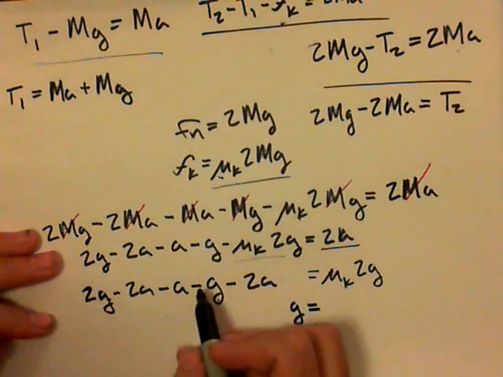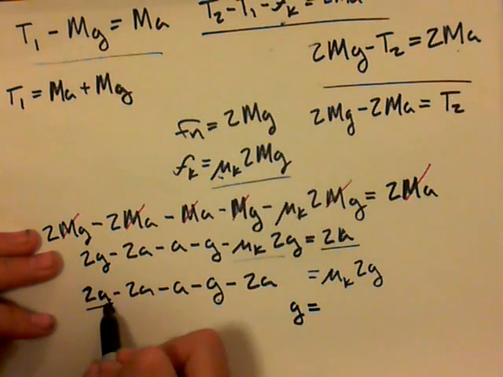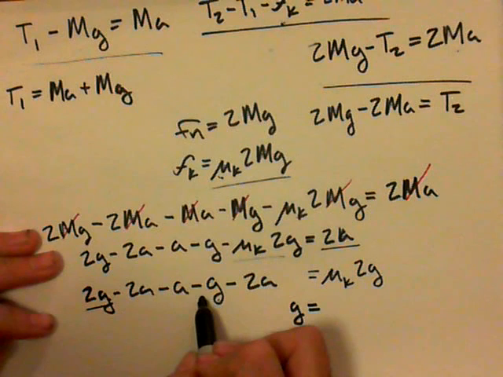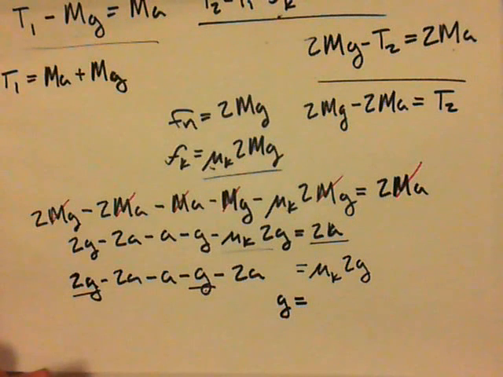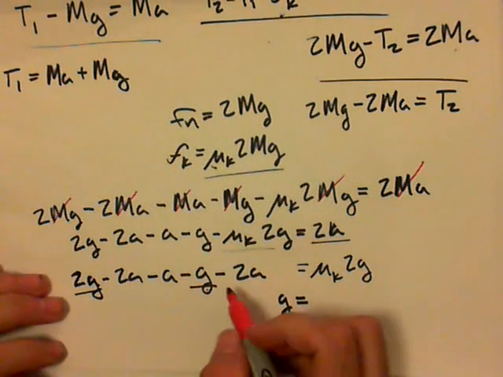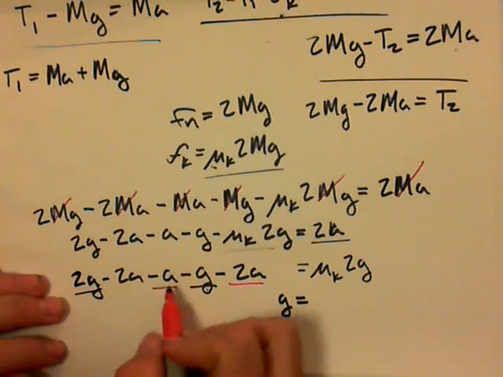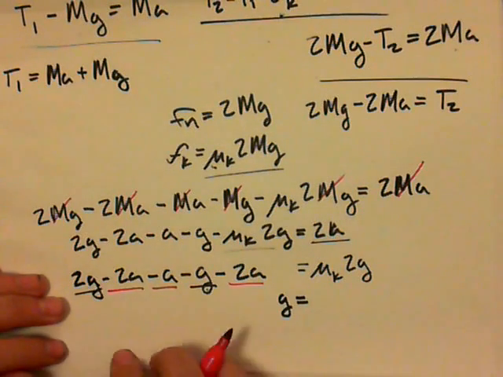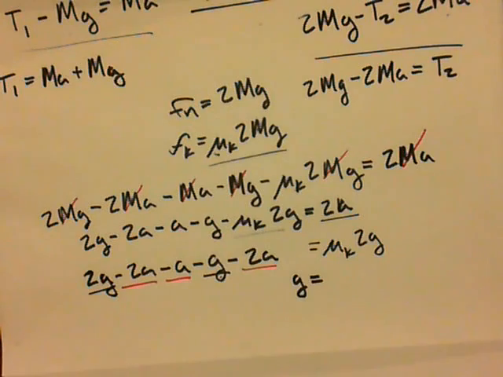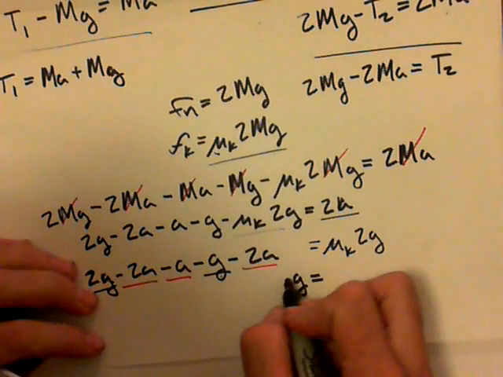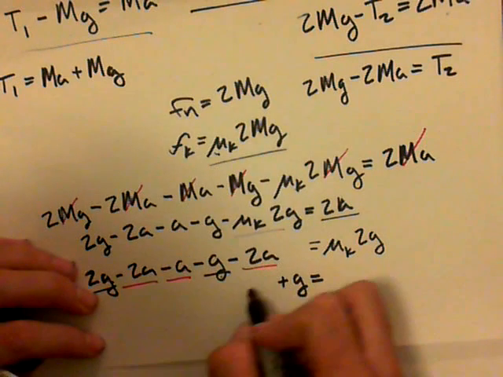Okay, so we're on those. All right, and then we have negative 2a, negative 1a, and another negative 2a, which gives us negative 5a.